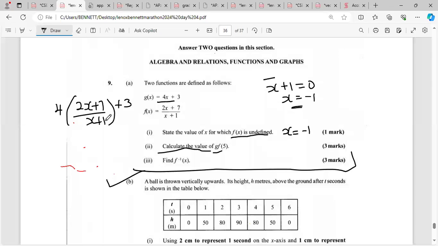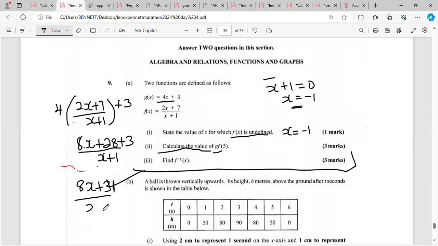Expand the bracket without this. 4 times 2x is 8x, and 4 times 7 is 28. Let's consider the x plus 1 as all over. Then we add the 3, so 28 plus 3 gives us 31. So 8x plus 31 all over x plus 1.